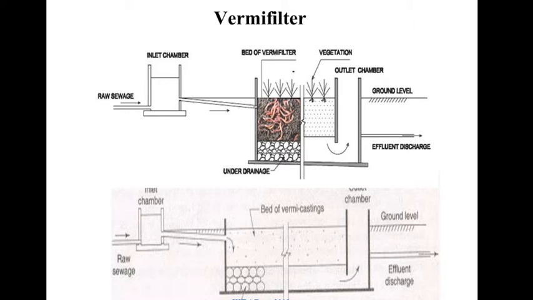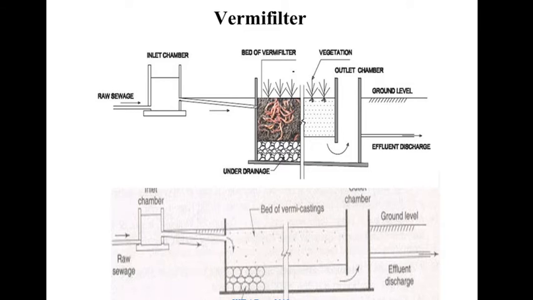Whatever treatment occurs at the top layer is by the wetland plants, the roots of the plants, the soil, as well as the earthworms. These all are the forces which purify the wastewater, and finally you get clear water at the bottom of that filter, under the drainage.